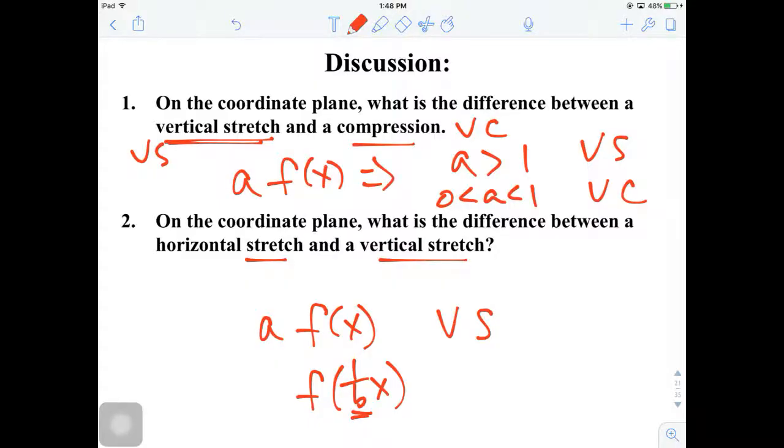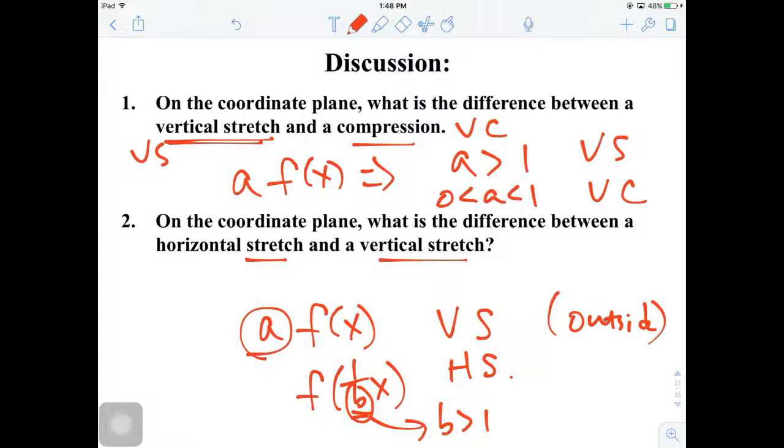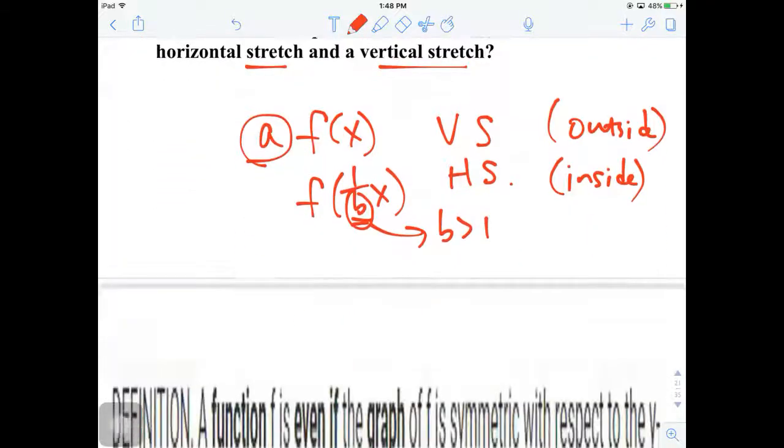When b is greater than 1, that's how you're going to have a horizontal stretch. And that's the difference between the two. One is applied to the outside, so this is outside, and one is applied to the inside. So that's how you can tell the difference.